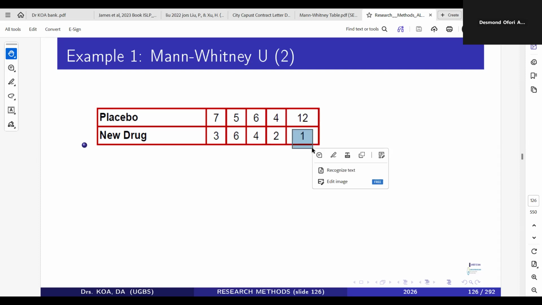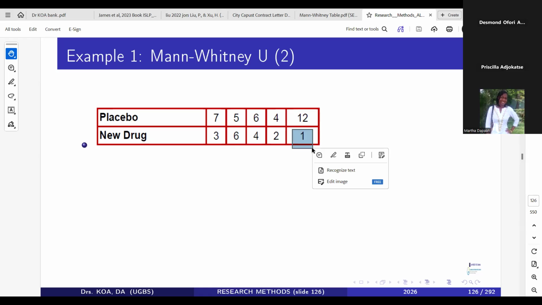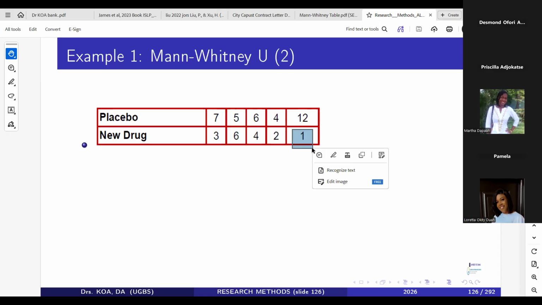Question. Just from hindsight, would you say that the new drug was effective, or it was not effective? Who can tell us? From hindsight. Martha Dapa. And why? I believe it's more effective, looking at the number of episodes that occurred after taking the new drug.